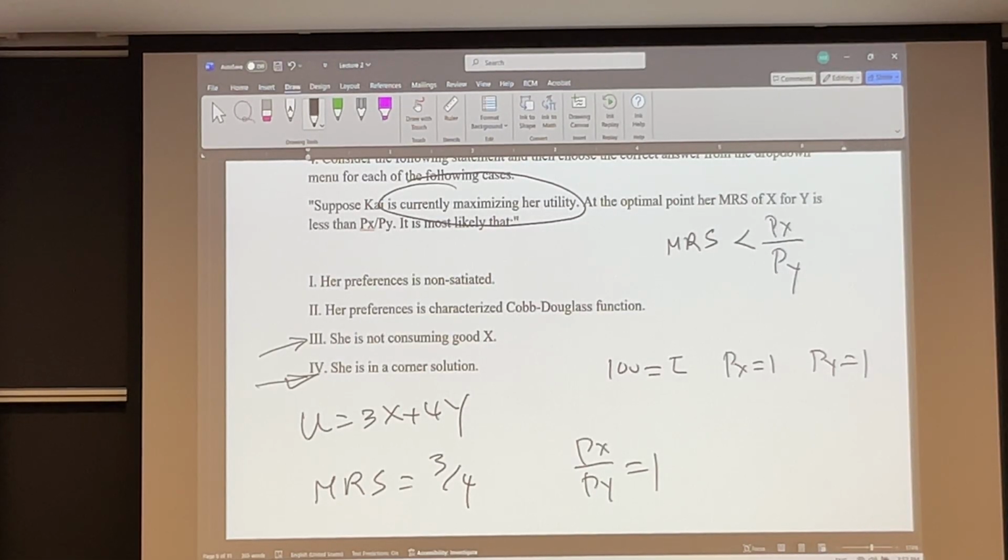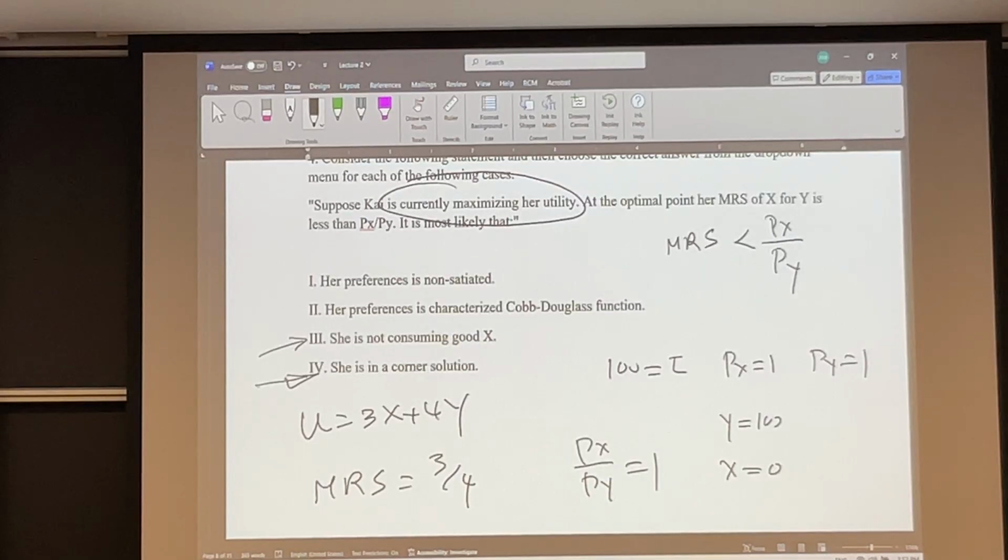So for James, I spend all my money buying Y. I spend nothing buying X. The easiest corner solution is perfect substitutes. If MRS is less than relative price, you just buy Y. If it's more, you just buy X. You get the corner solution because tangency is not possible.